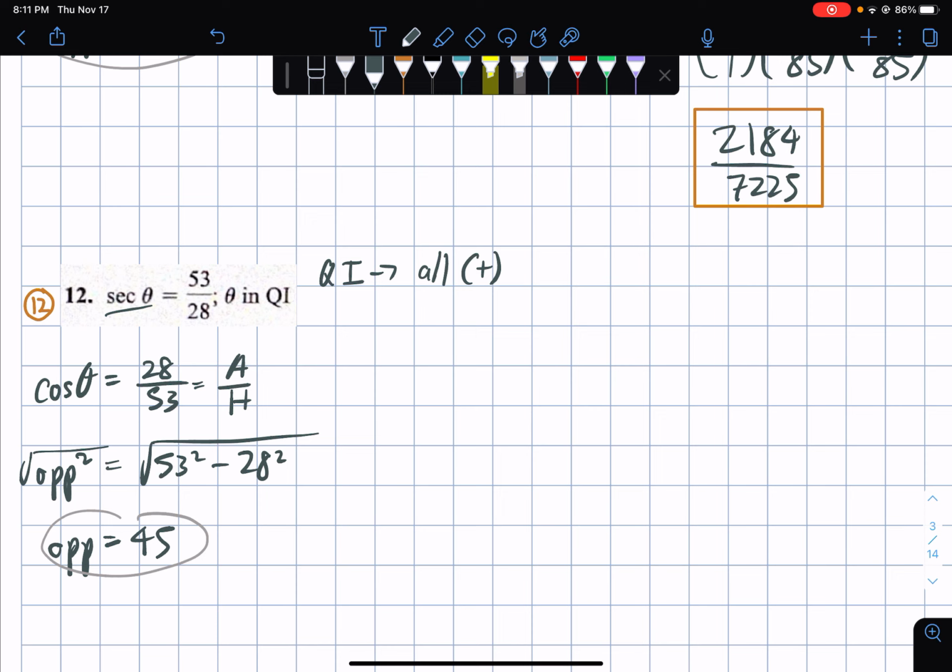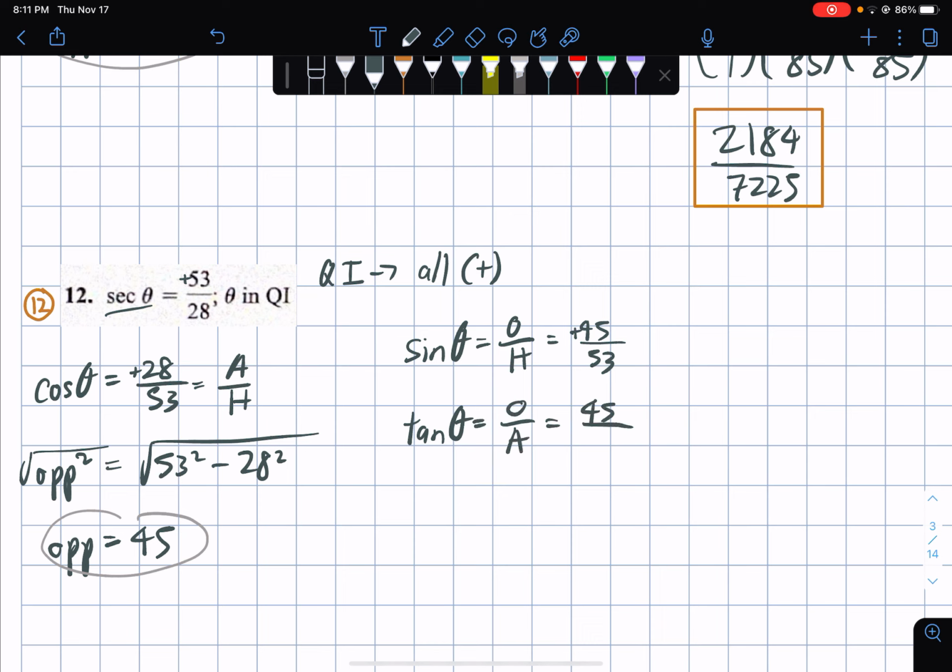So right now, let's look for the sine theta. Sine theta is O over H, which is opposite side over hypotenuse, which is 53. And right now, we're in quadrant 1, so everything is positive. Sine is positive, secant is positive, cosine is positive, and for tangent, it will be positive. O over A, O over A positive. There you go.